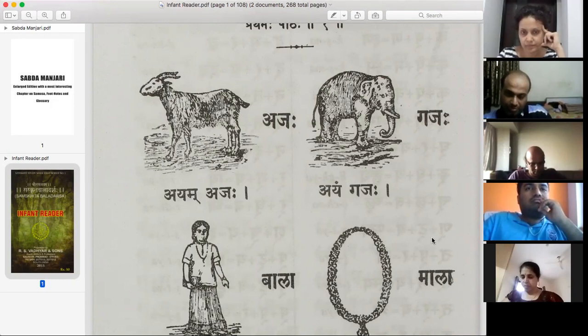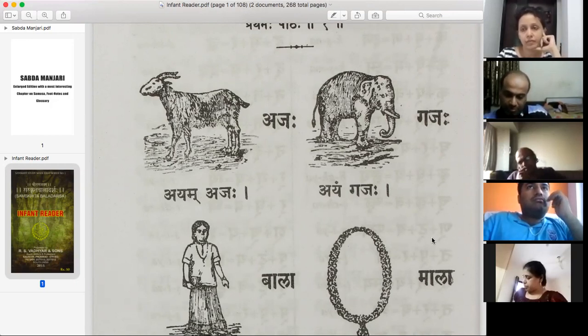So when someone asks you to explain the word Ajaha, you should say: Ajaha, Prathama Vibhakti, Ekavachanam, Pullingaha. All these three details have to be given: first case, singular, masculine. So these are the three details.